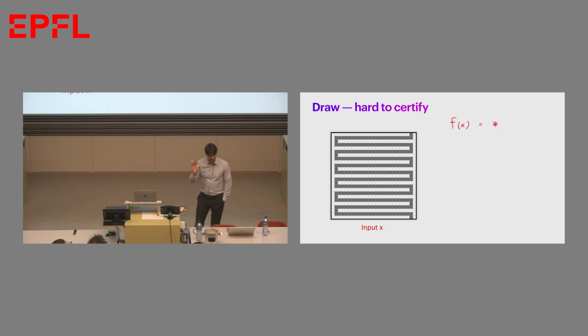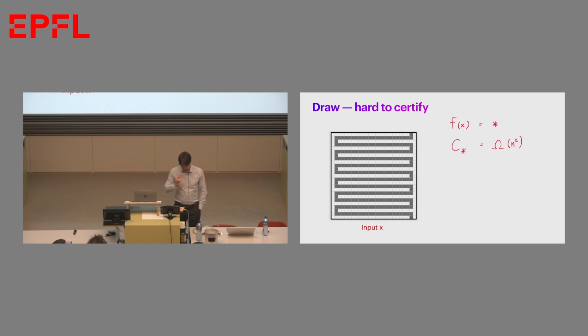So it's way too long. So it's a drawn input. And I claim, looking at this matrix, it's really hard to certify it's a draw. There's no shortcut. You have to look at almost all the bits of the matrix to convince yourself this is a drawn configuration. And I'll prove it to you.